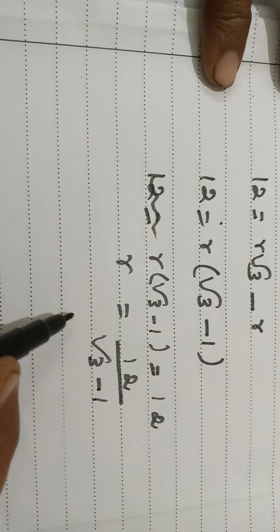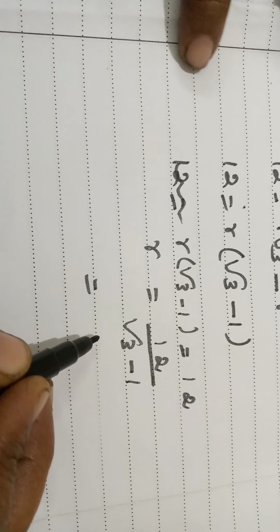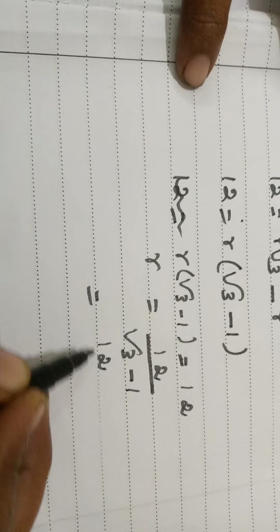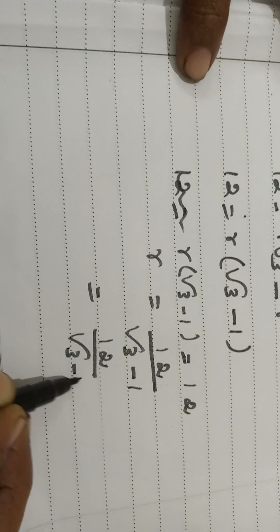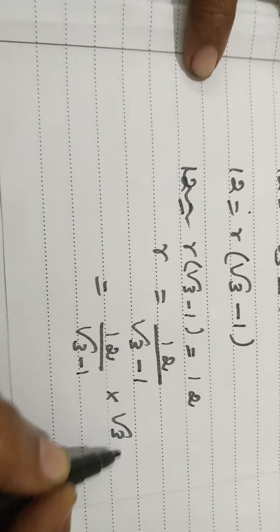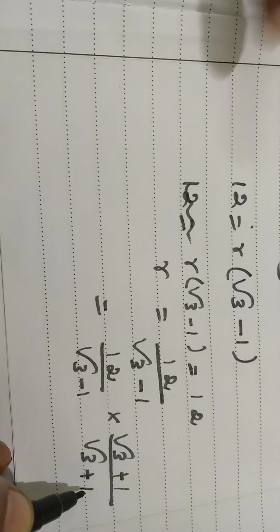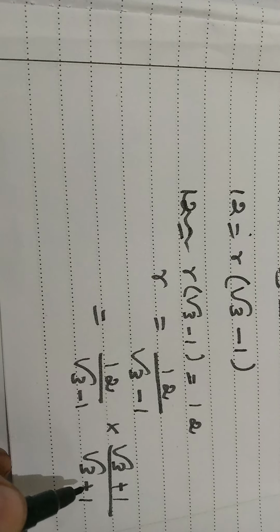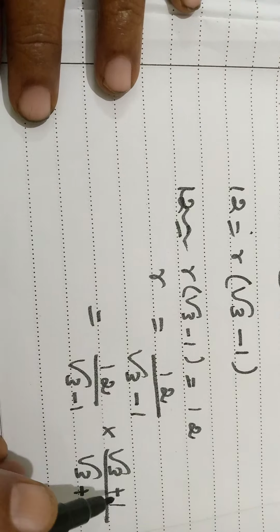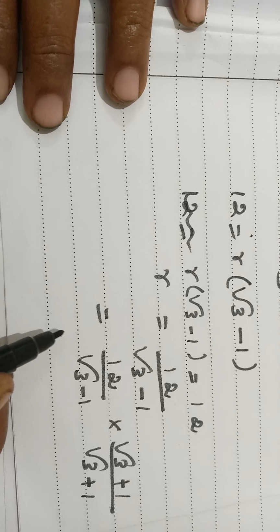Now conjugate let's use. Okay, conjugate of the denominator, that is 12 by root 3 minus 1 into root 3 plus 1 by root 3 plus 1. Okay, now what can we do? 12 into numerator, denominator into denominator.